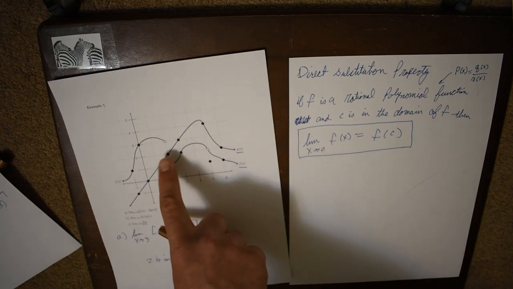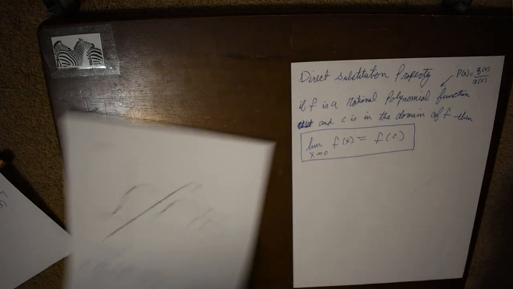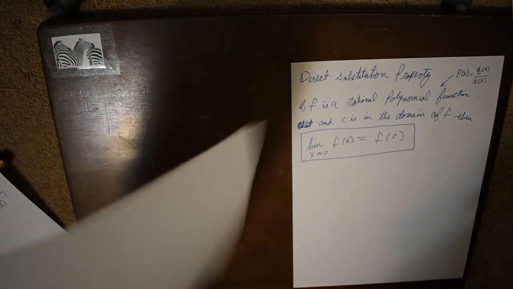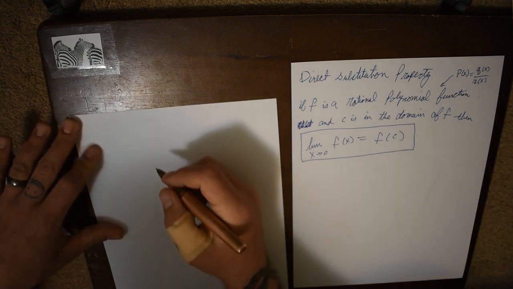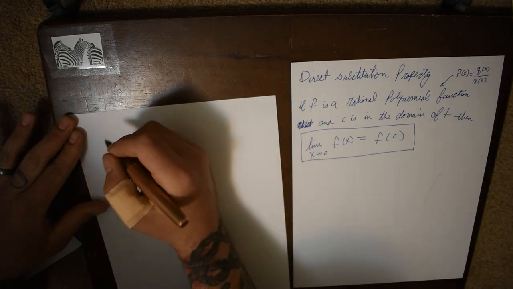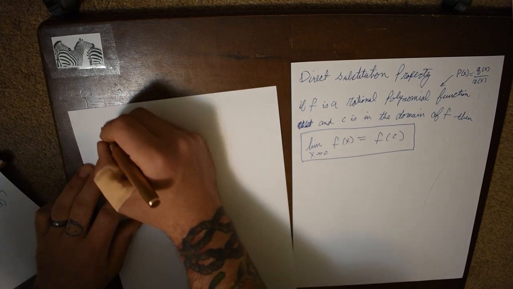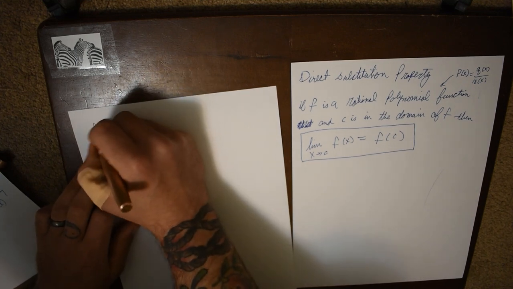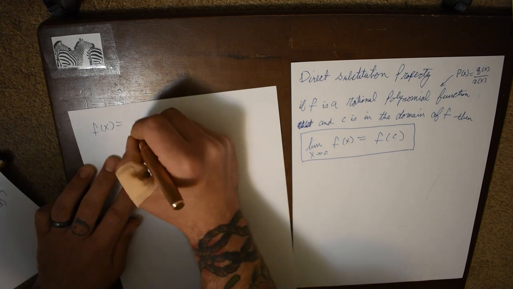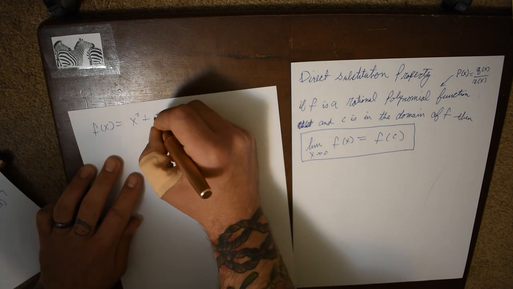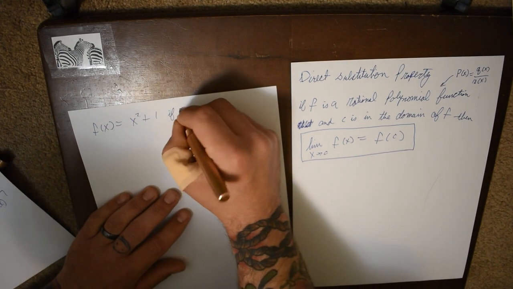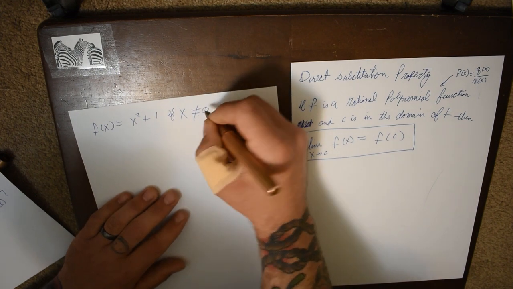Let's do this function. We'll say f of x is equal to x squared plus 1 if x is different than 0.